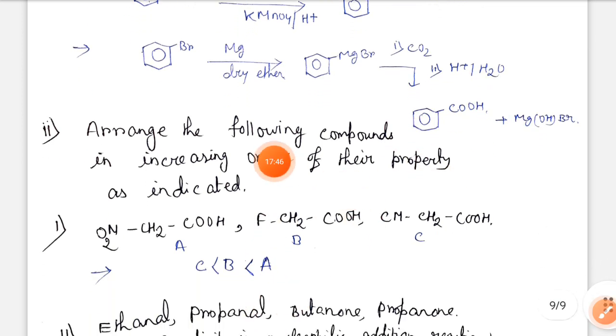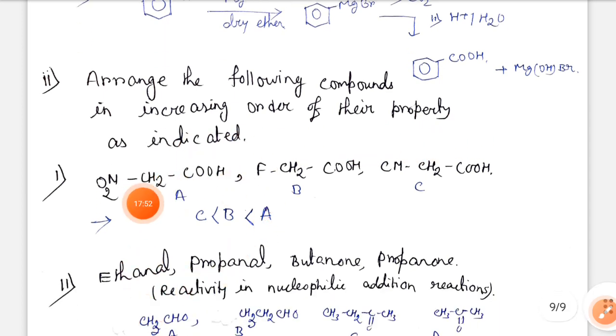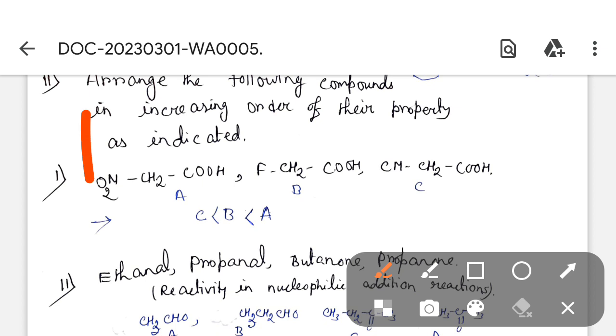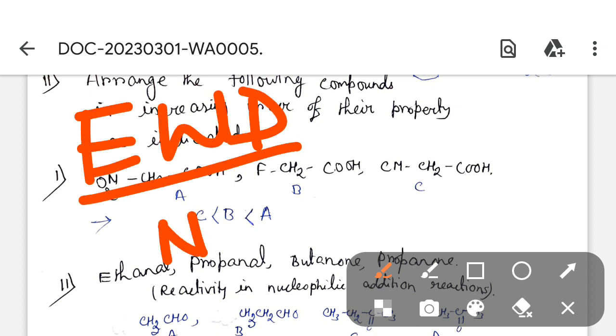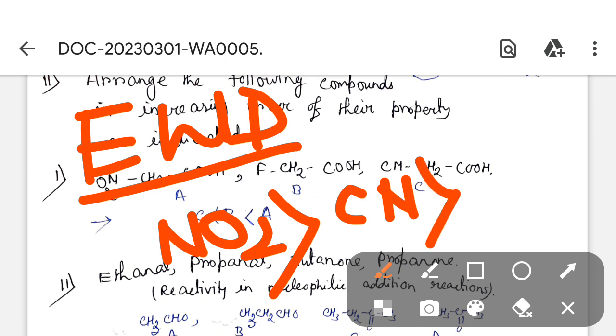Okay, next, arrange the following compounds in increasing order of their property as indicated. Here all the groups are carboxylic acids, but here the group attached is NO2, here fluorine, and here CN. We know the electron withdrawing nature is, at first NO2, which has a minus I and minus R effect, and next CN, next fluorine.